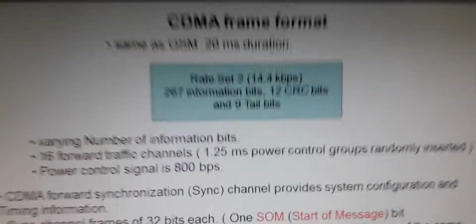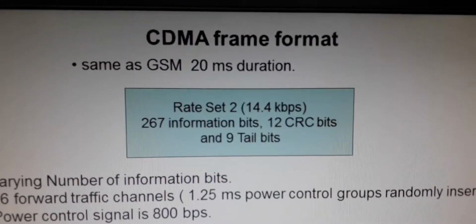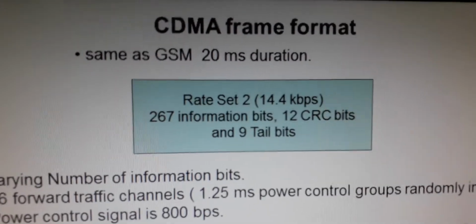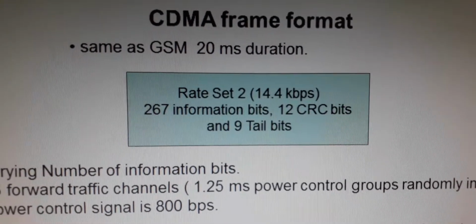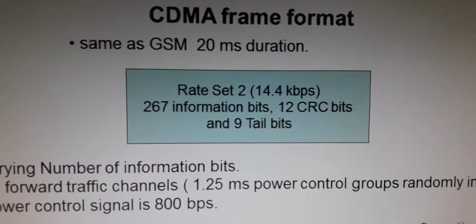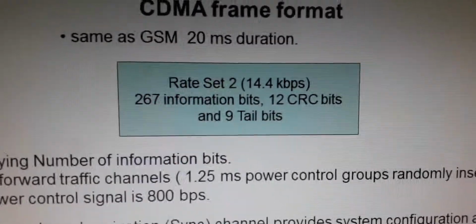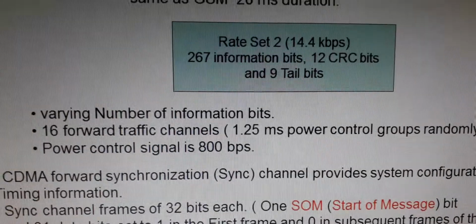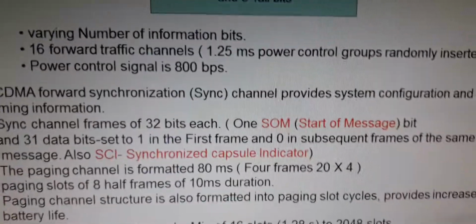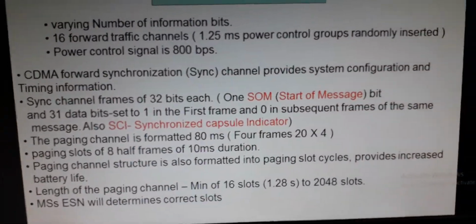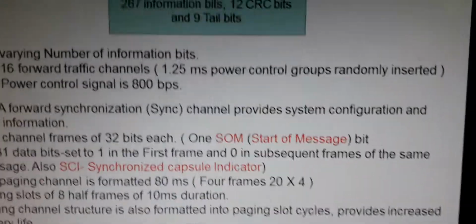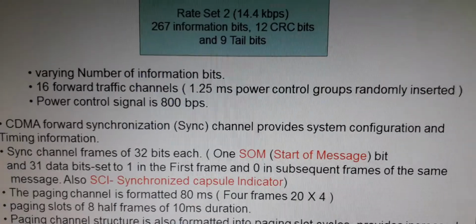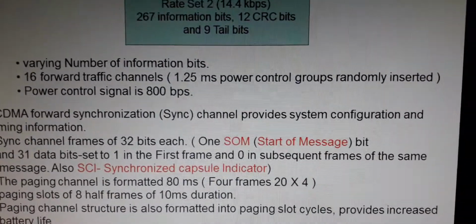When you see the CDMA frame format for the 14.4 kbps rate set, it has 267 information bits, 12 cyclic redundancy check bits, and 9 tail bits. Then every CDMA frame has a forward synchronization channel.